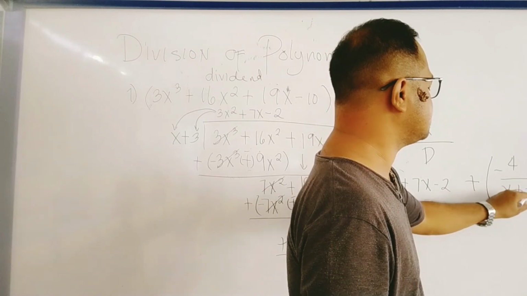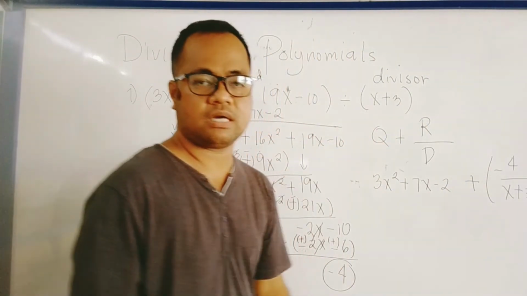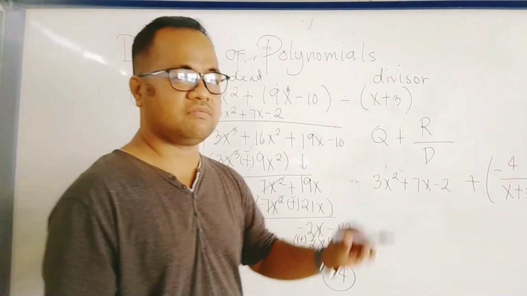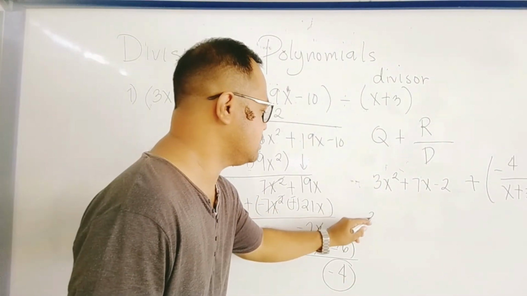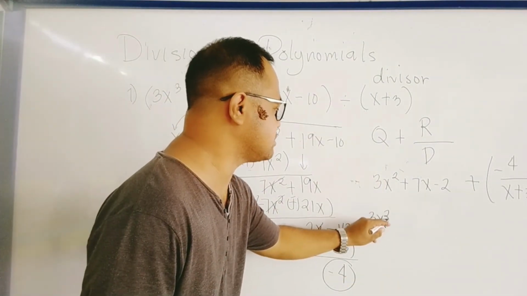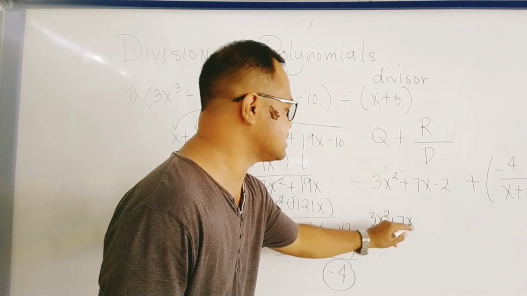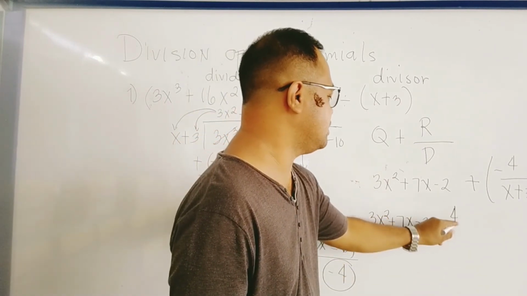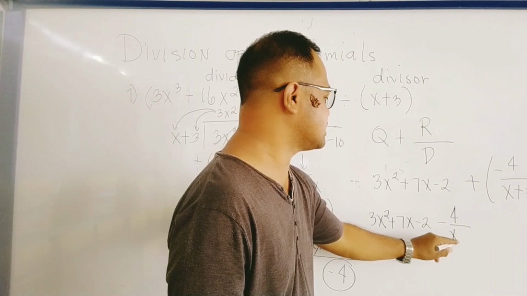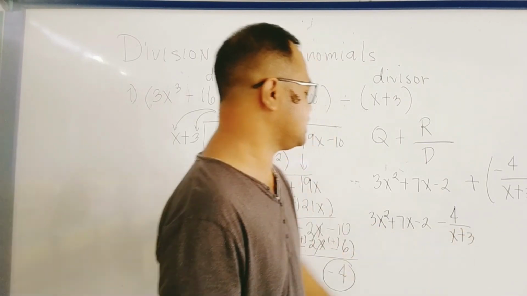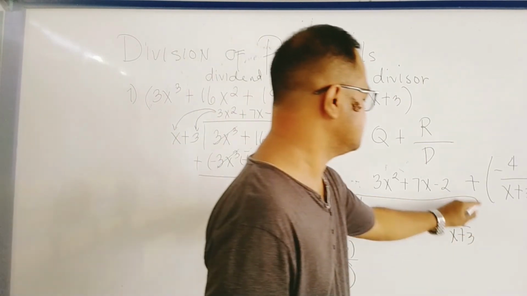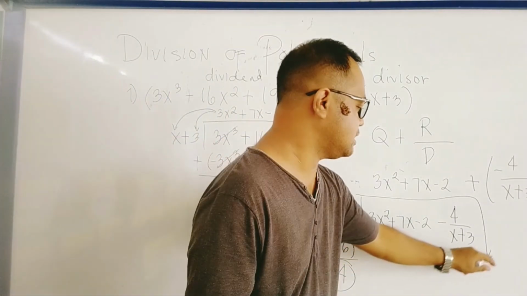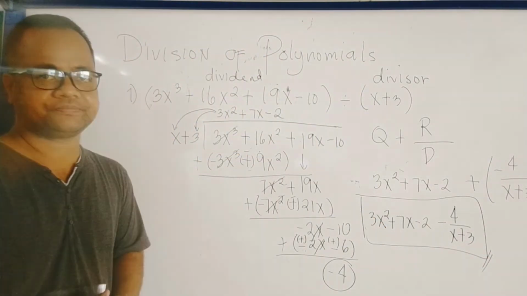Since it is negative, you rewrite it. Your final answer is 3x squared plus 7x minus 2 minus 4 over x plus 3. And this is your final answer.